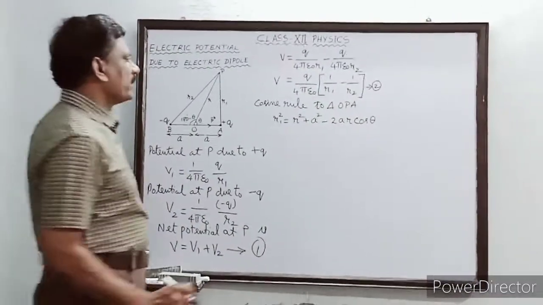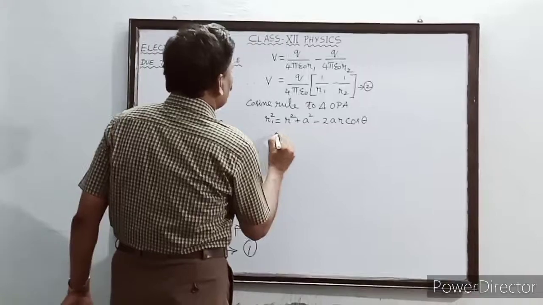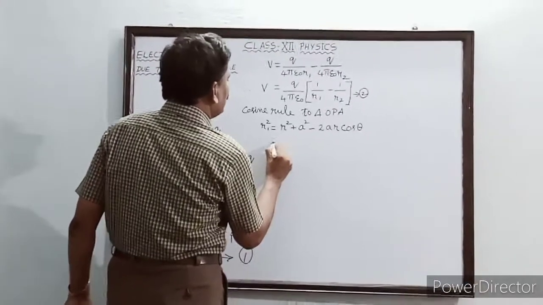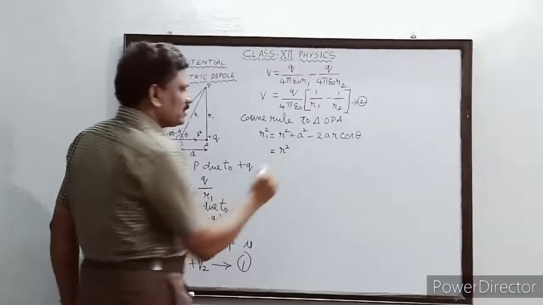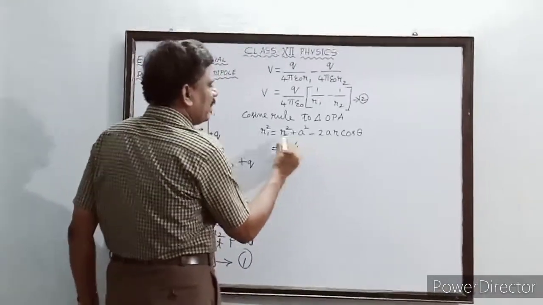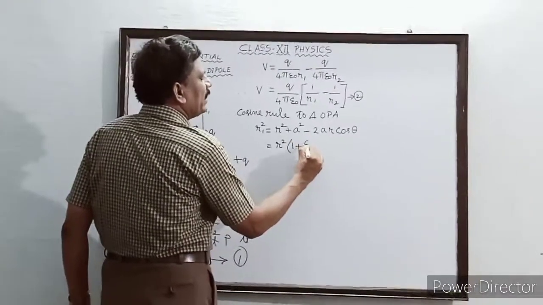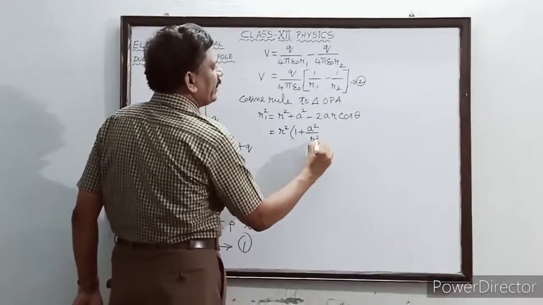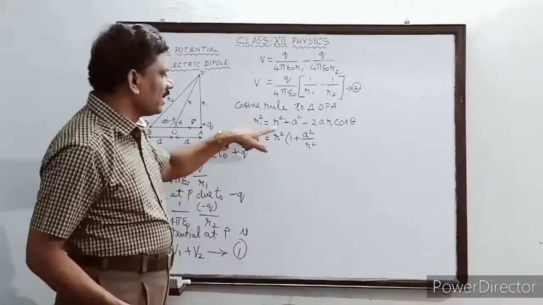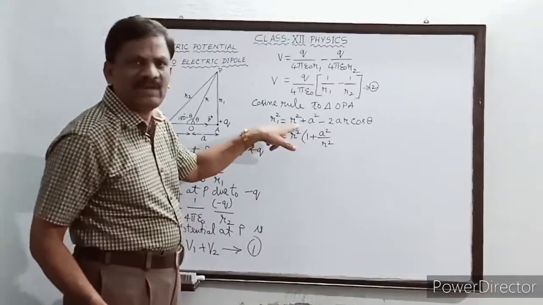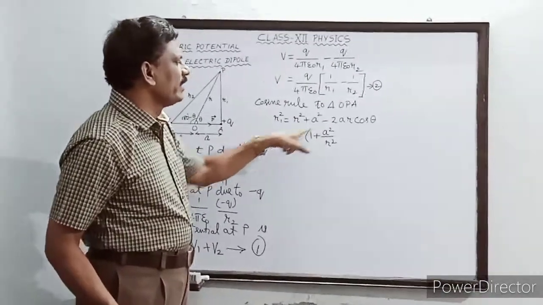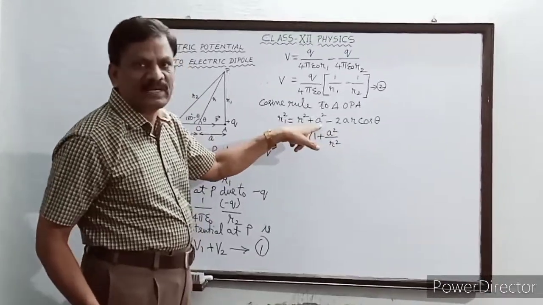So this is now equal to R square, taking R square as a common factor. The first term will be 1, plus the second term will be A square by R square. When I multiply R square into 1, the first term R square will come. When I multiply R square into A square by R square, the second term comes.